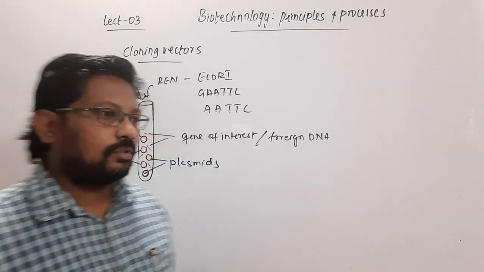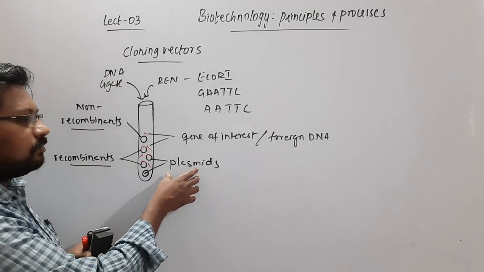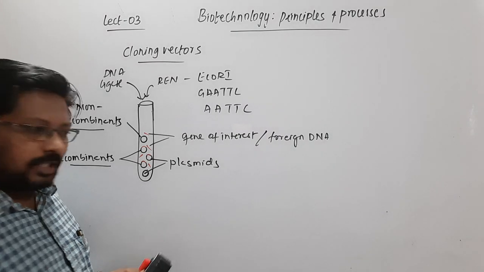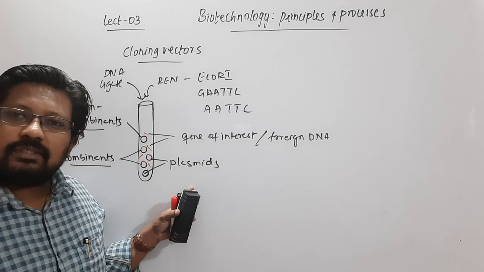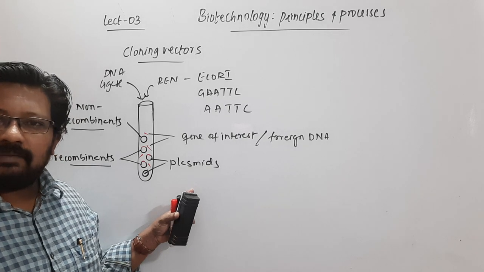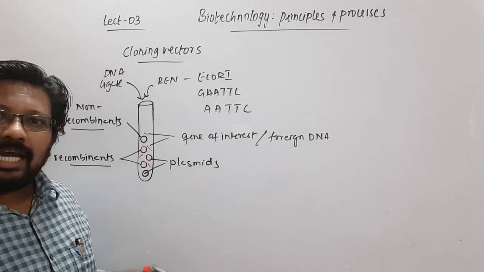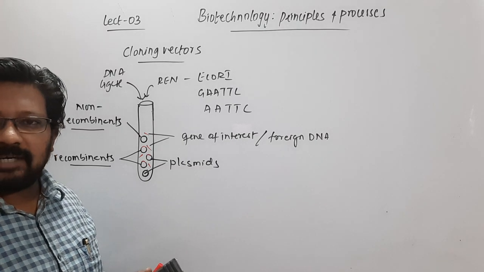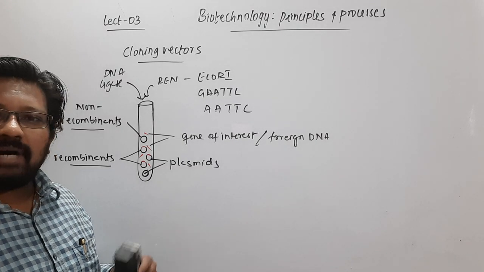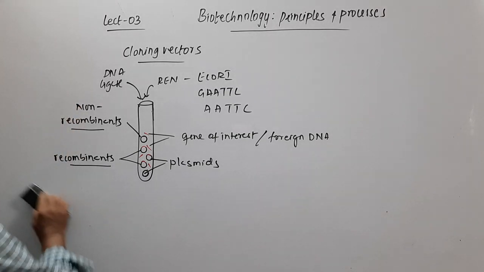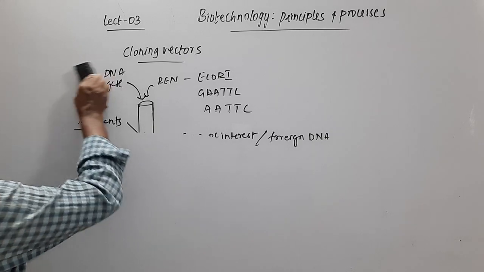So the plasmids which I obtain from the bacteria, some of the bacteria will be having these plasmids. I'm going to take those plasmids and modify them so that they suit my needs.